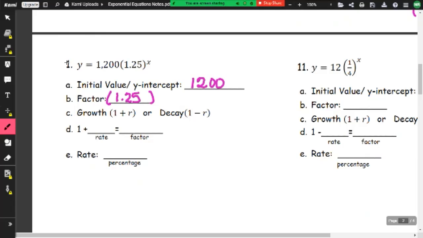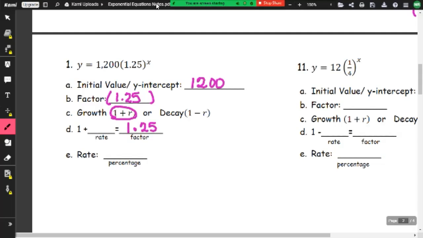We have a number greater than 1, so did we add to the 1 or did we subtract from the 1? Add. So we're looking at an exponential growth. We added to the 1. Now you get the factor by adding the rate. So I'm going to put the 1.25 right here.